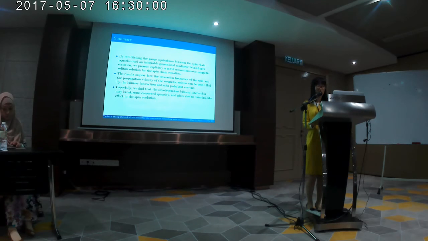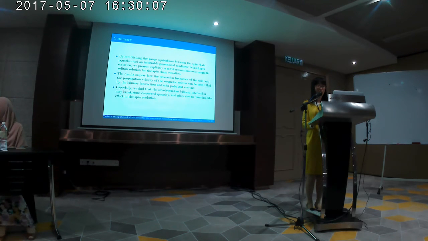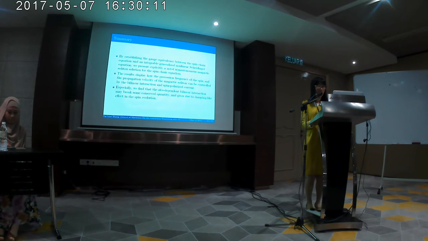At last, we give a summary. In this work, by establishing the gauge equivalence between the spin chain equation and an integrable generalized nonlinear Schrödinger equation, we present explicitly a novel non-autonomous magnetic soliton solution for the spin chain equation.